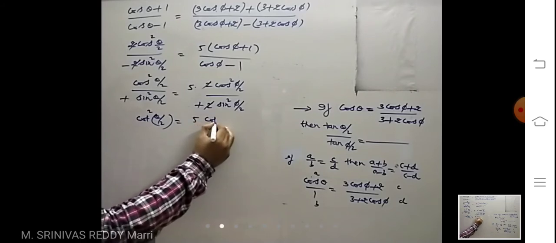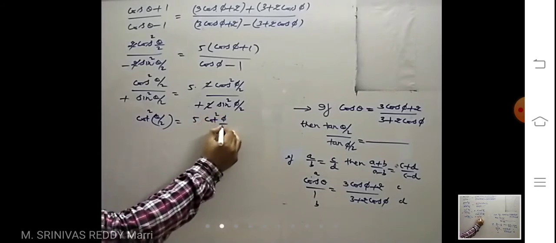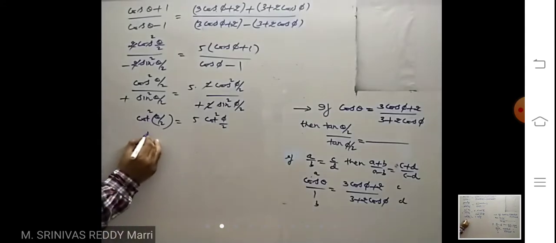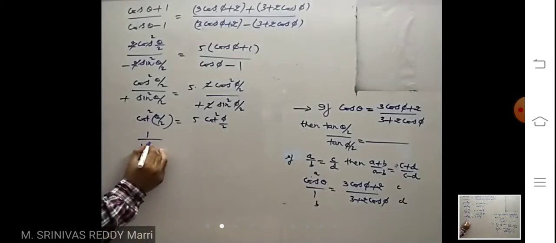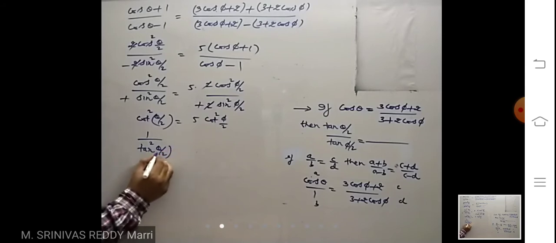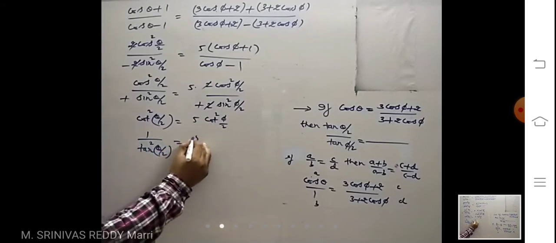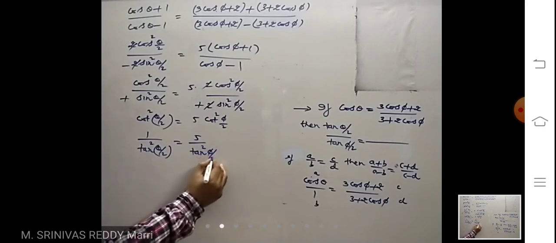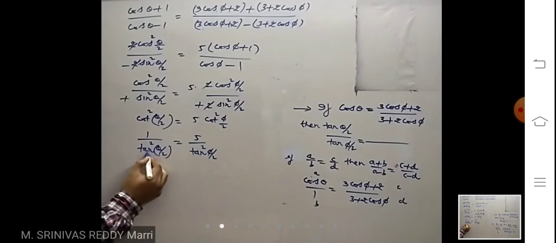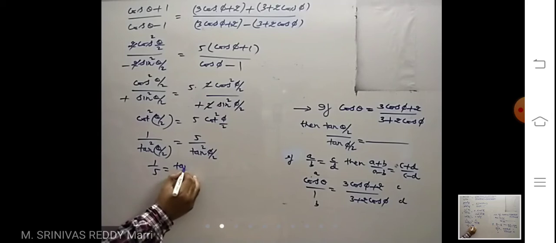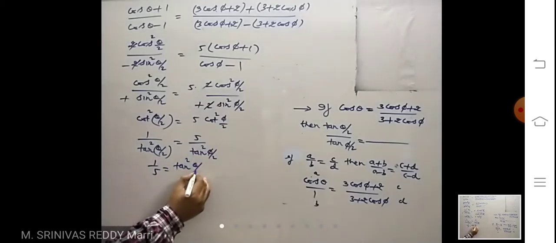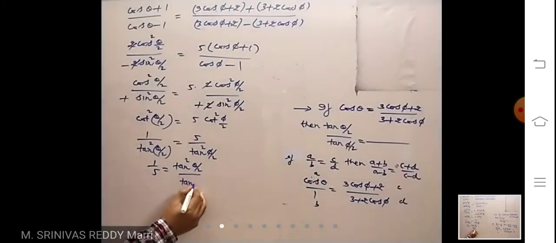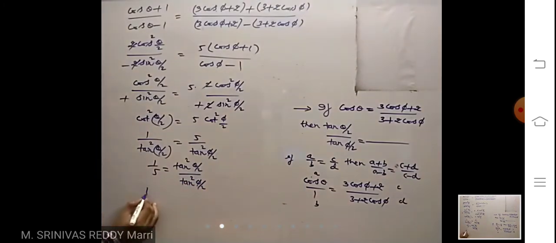Now he is asking in tan, no? So you write 1 by tan square theta by 2 equals 5 by tan square phi by 2. Now look at this, bring tan square to this side and 5 to this side: 1 by 5 equals tan square theta by 2 divided by tan square phi by 2.